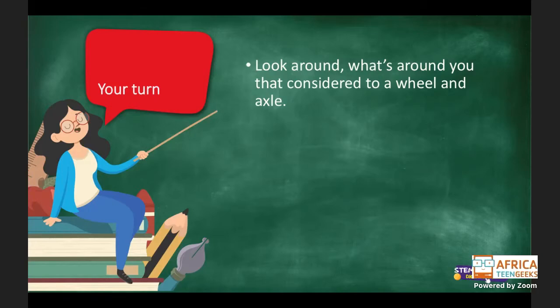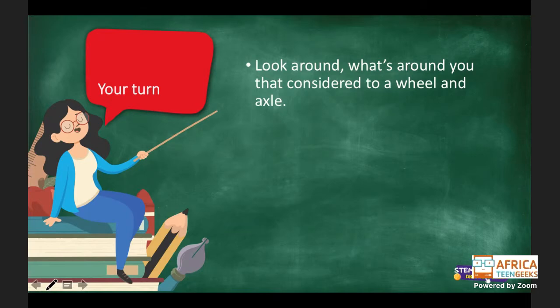So can you type in your chat box? And so let's wait for responses.